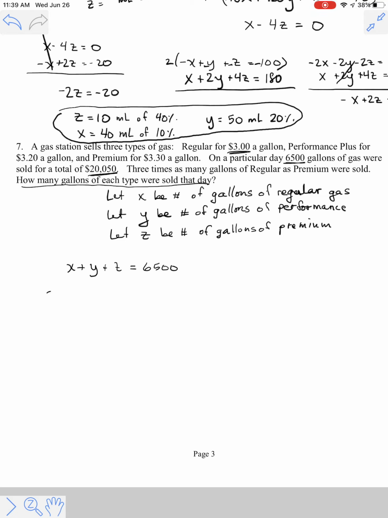So $3 for the number of gallons of regular plus $3.20 for the number of gallons of performance, plus $3.30 for the number of gallons of premium is going to give us our profit for that day.